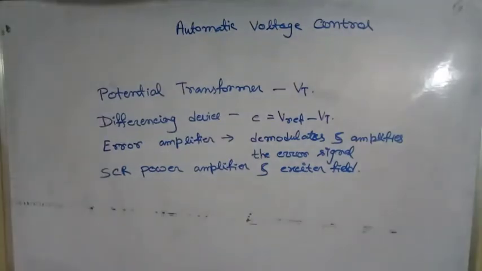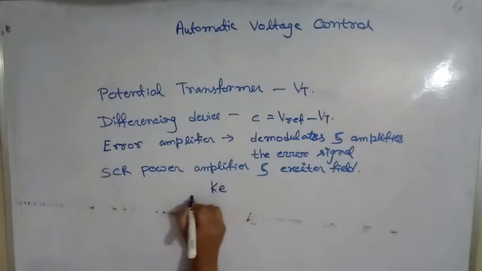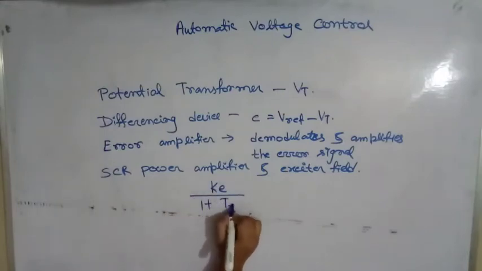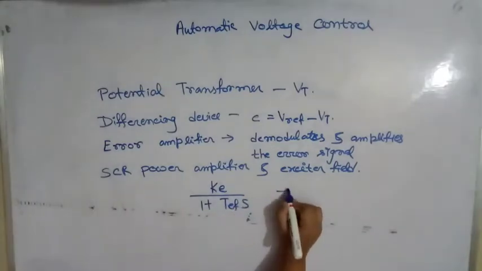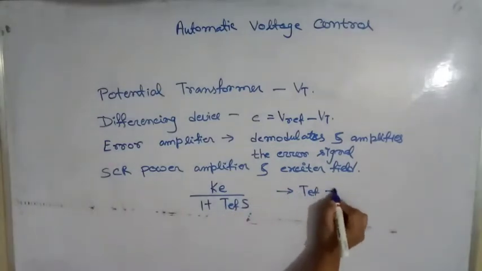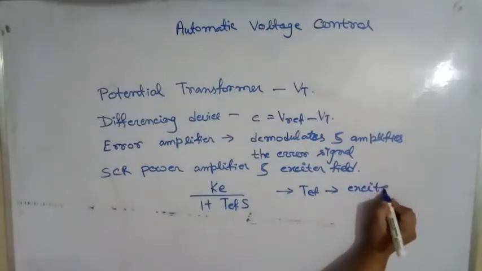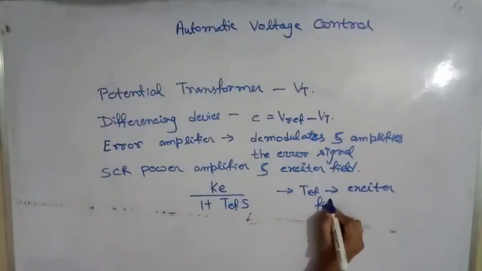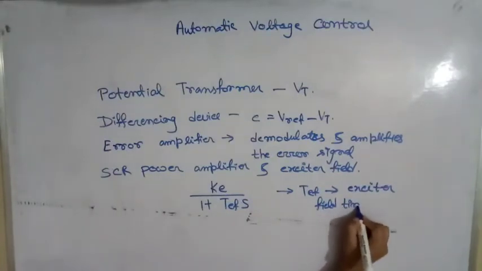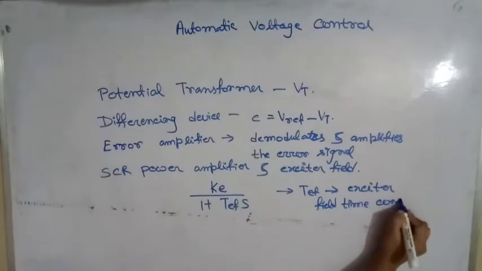It provides the necessary power amplification to the signal for controlling the exciter field, assuming the amplifier time constant to be small enough to be neglected, and the overall transfer function of these two is KE by 1 plus TEF into S, where TEF is the exciter field time constant.